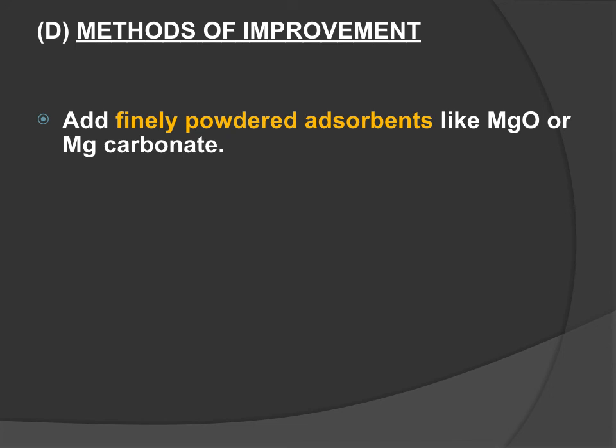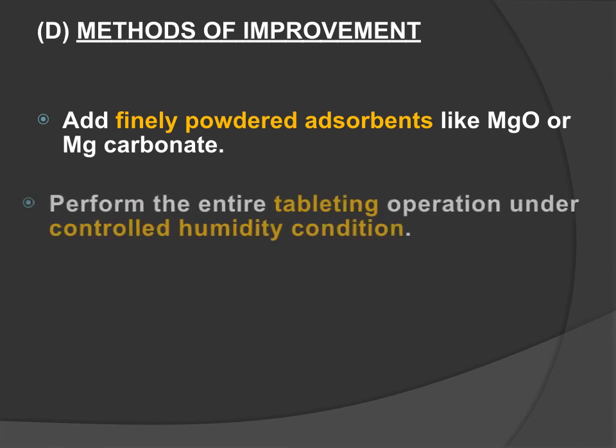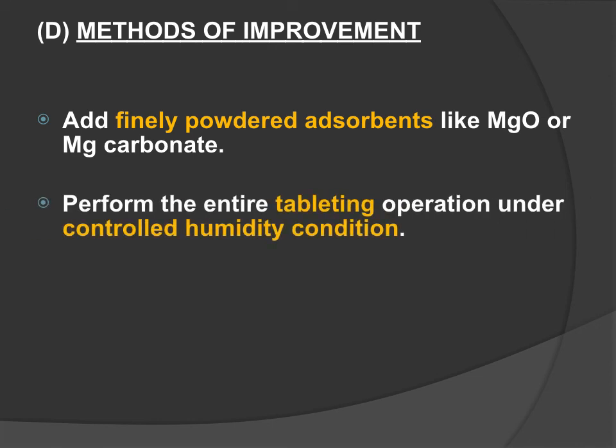So even if the drug powder tries to capture moisture from the atmosphere, instead of surrounding the drug, the moisture will be hidden inside the magnesium oxide or magnesium carbonate, or at least adsorbed on its surface. So the mixture will remain dry. And during tableting, you have to put the tablet machine in a room with controlled humidity, in a dry atmosphere.